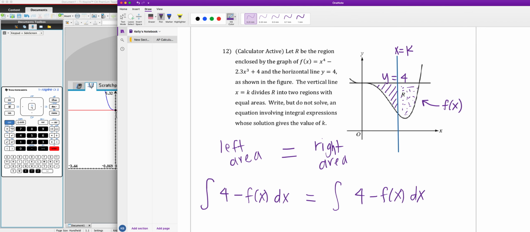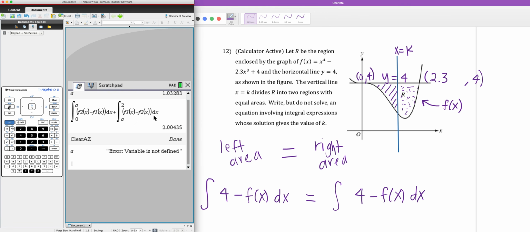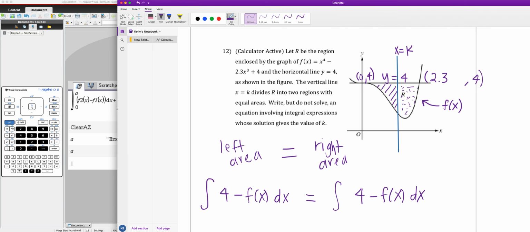The point over here was 0, 4. And the point over here, they're saying is 2.3, 4, but let's see if we have more digits. If I go back to a calculator screen and I hit A, I just get 2.3 flat. But because I need enough decimal places, I'm going to tack on 2 zeros to that.